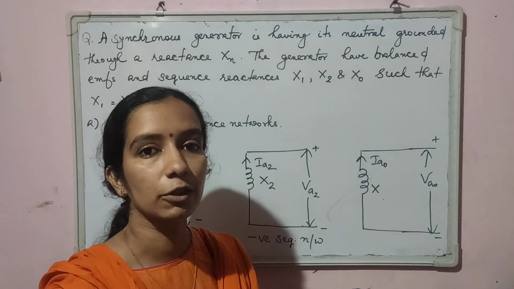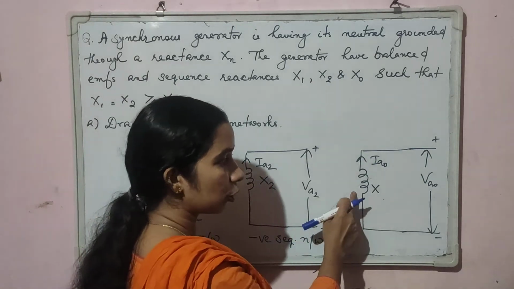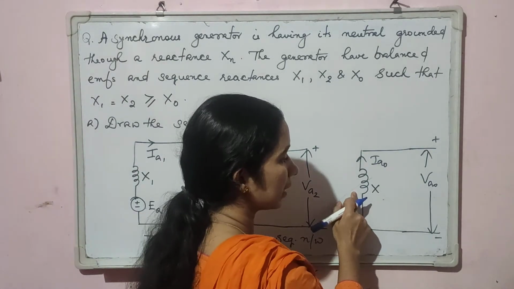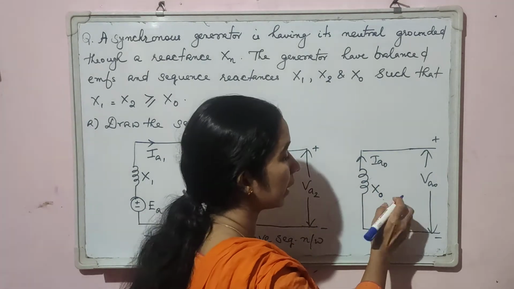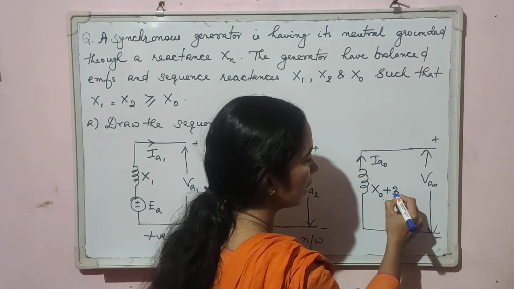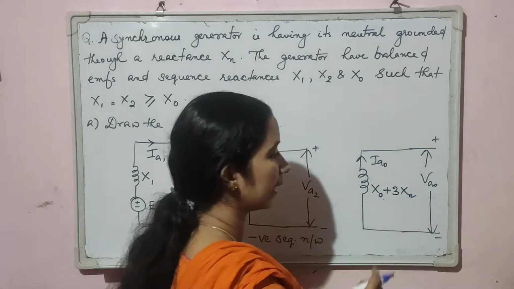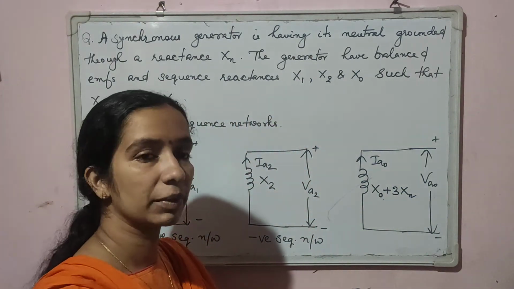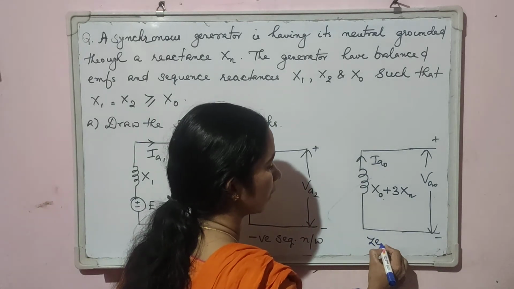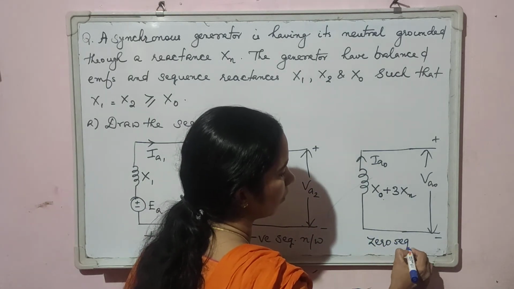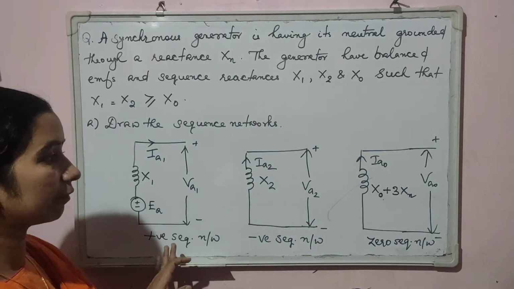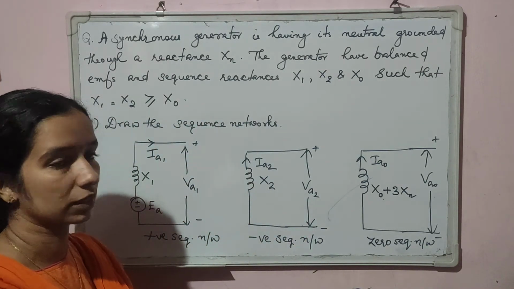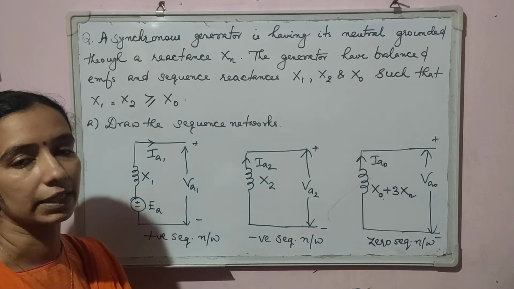So the total zero sequence reactance will be the zero sequence reactance per phase of the generator plus 3 times the neutral grounding reactance. So we have drawn all the sequence networks for this particular case.